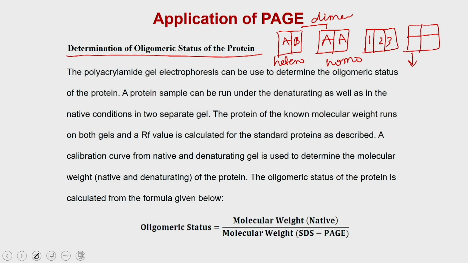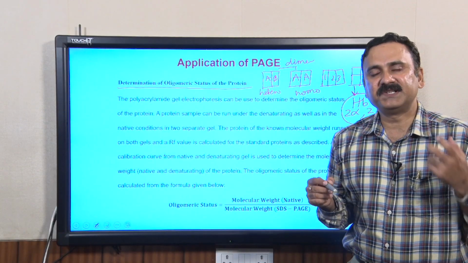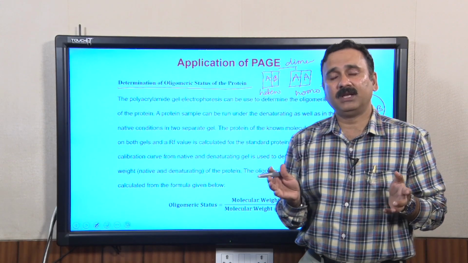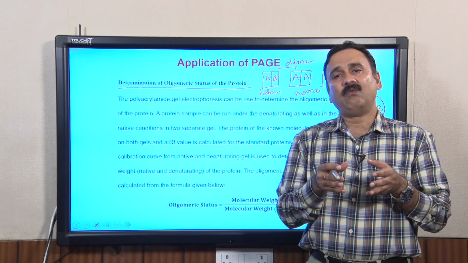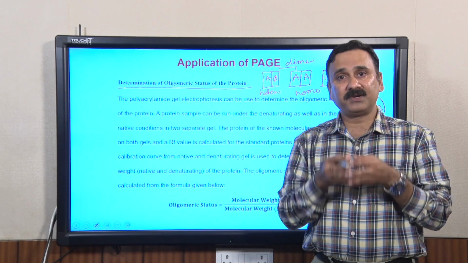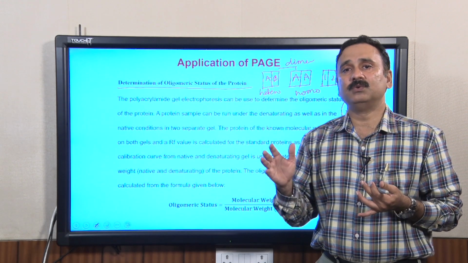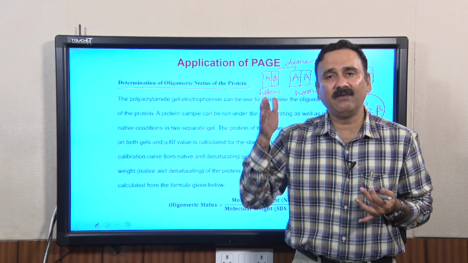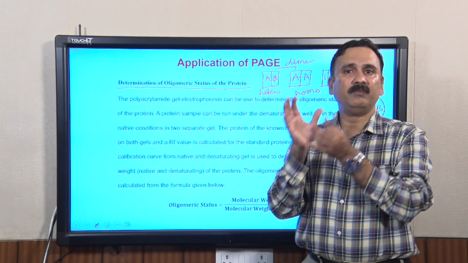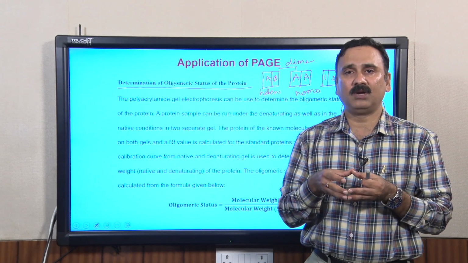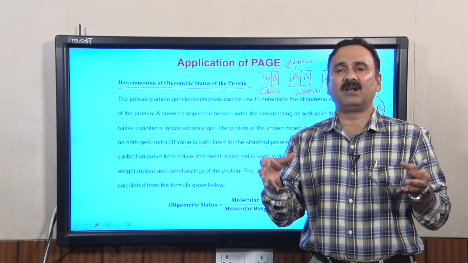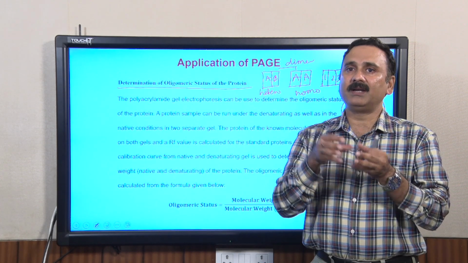One of the classical examples of a tetramer is hemoglobin, where you have 2 alpha chains and 2 beta chains. If you are making hemoglobin in the E. coli expression system, and suppose you are making the hemoglobin as a substitute for blood transfusion, then it is important that you verify that the 2 alpha and 2 beta you have produced in the E. coli give you a tetrameric hemoglobin.